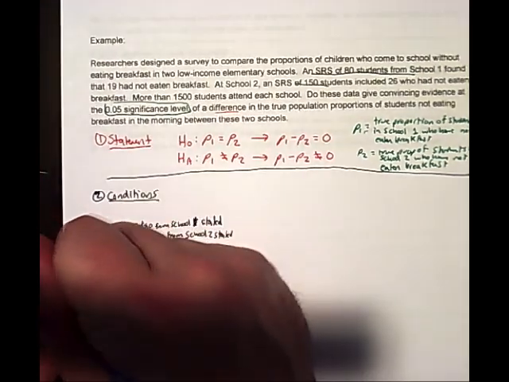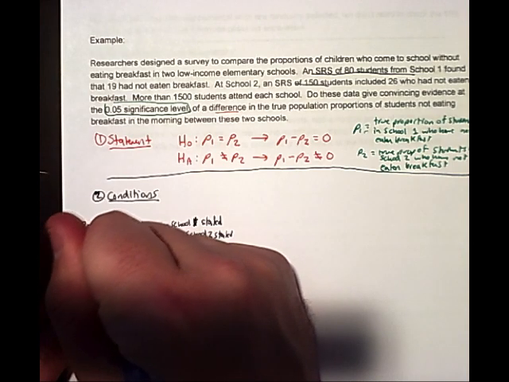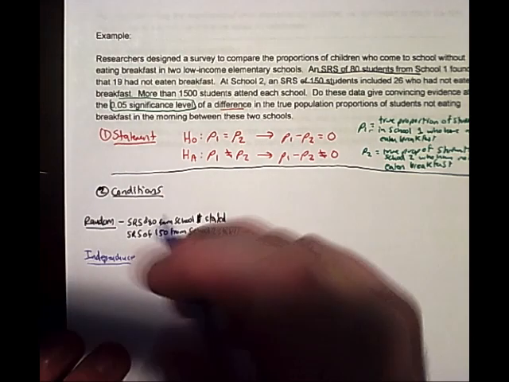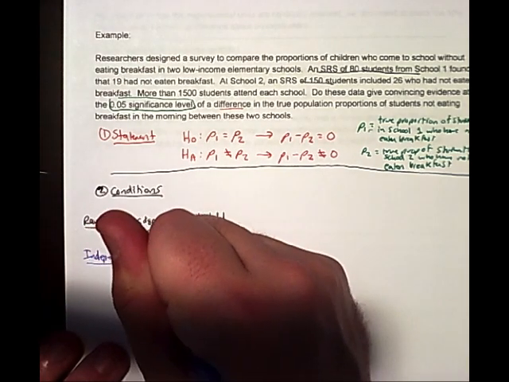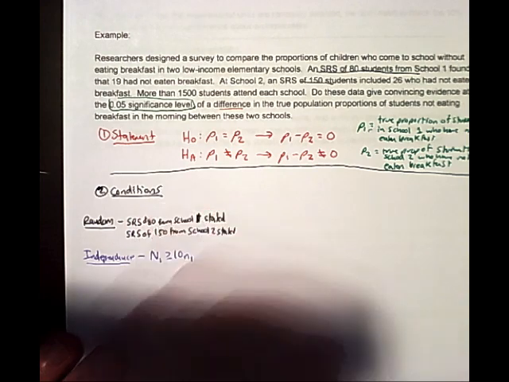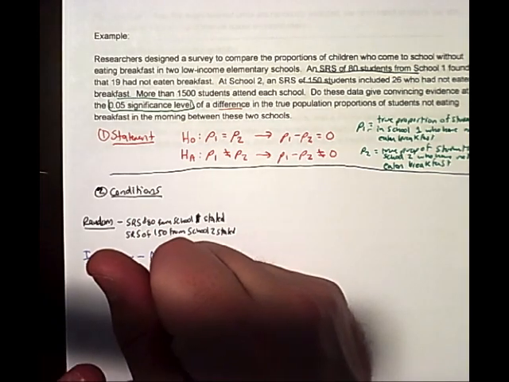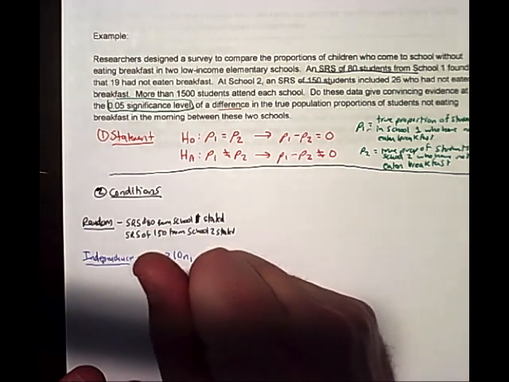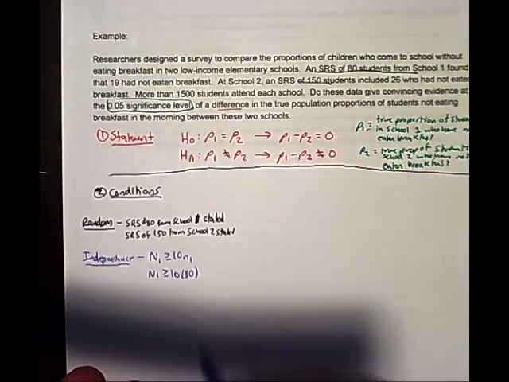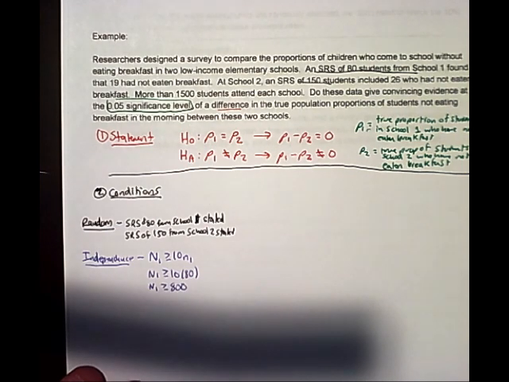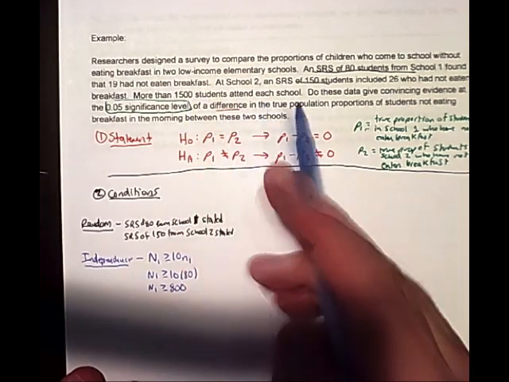Now we have to test the independence condition, which is the 10% condition. So N1 has to be greater than or equal to 10 times little n1. So N1 has to be greater than 10 times 80, so greater than 800. And it says more than 1,500 students attend each school.